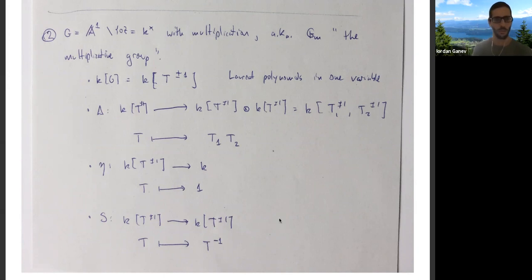So one question for you guys, like a pop quiz. The claim is that this multiplicative group, K star, which is K minus 0, is a group, and in particular a linear algebraic group, and in particular an affine variety.